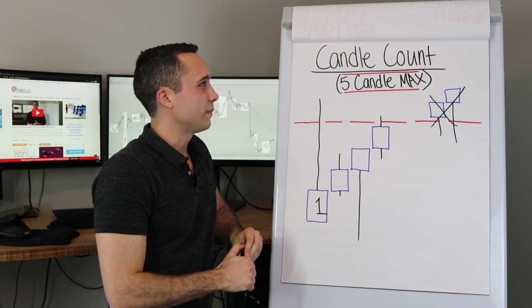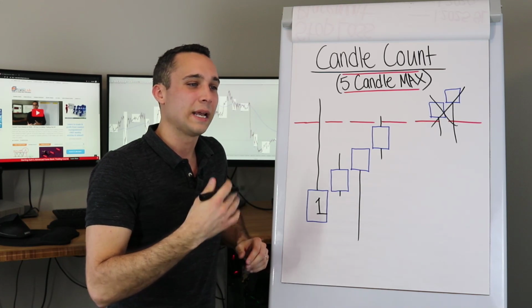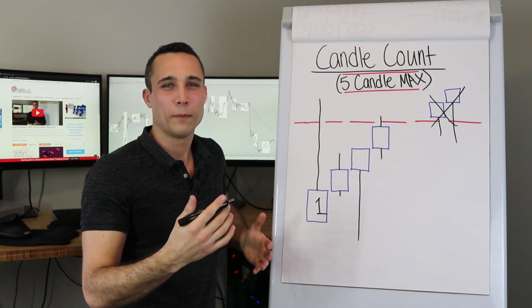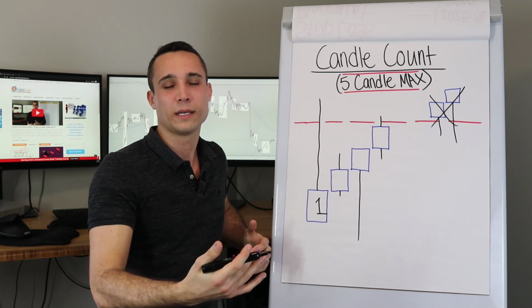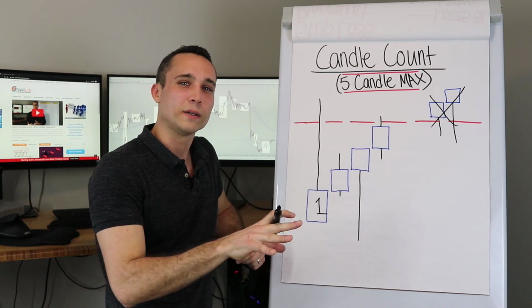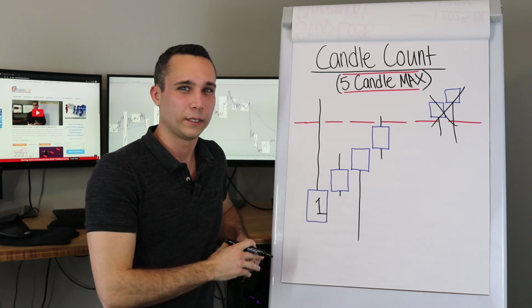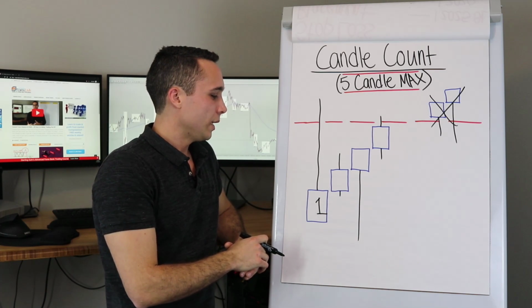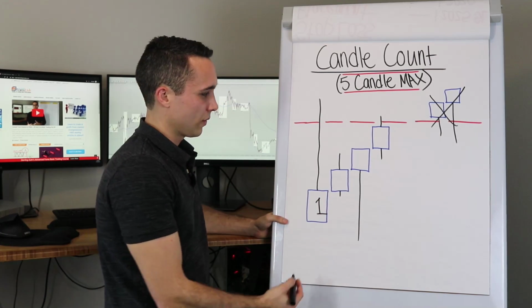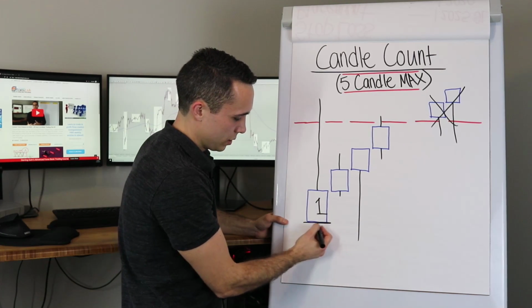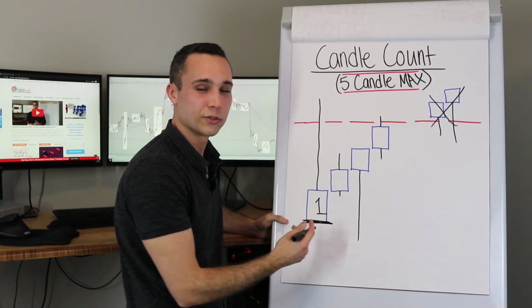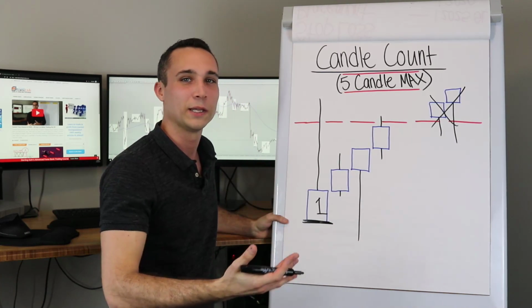Now, we have something we term as the resetting of the count, or candle count. Part of that candle count is resetting of the candle count, meaning just because it started as the number 1 candle doesn't mean it's going to be the final number 1 candle. For each candle that progressively sets a higher candle body low, and there's no easy way to say that. You're saying high and low in the same sentence.